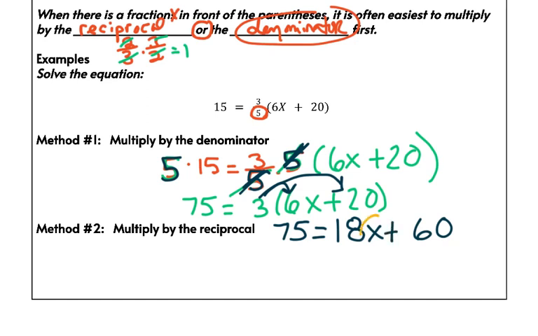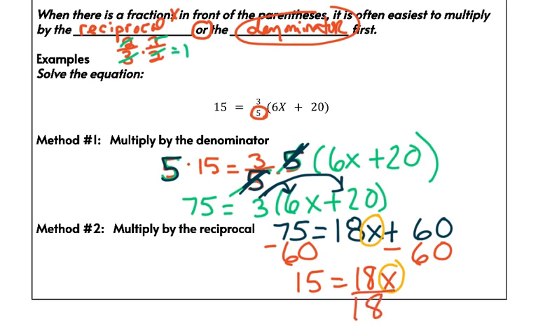Well, here's my x over here to solve for it. Let's get rid of that plus 60 by doing the opposite operation. We have 15 equals 18 times x. Well, how do I undo multiplication by 18? I divide by 18. Why? Because I'm just left with x, and that's what I want.